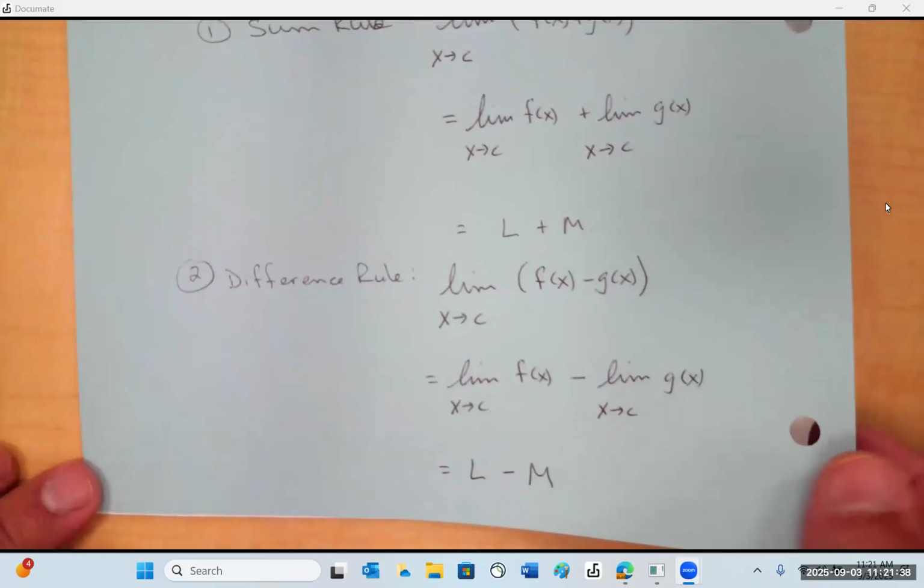All right. The next one is the constant multiple rule.